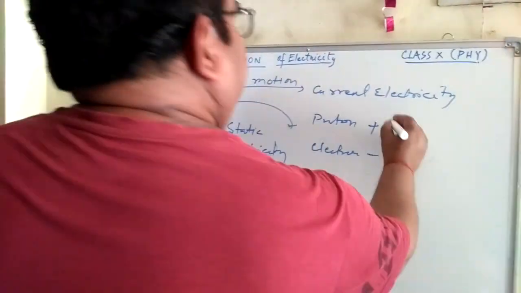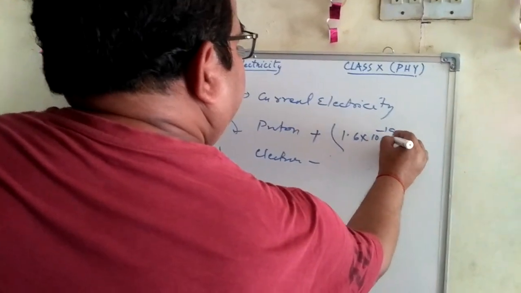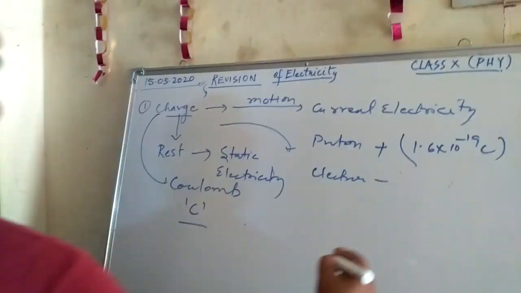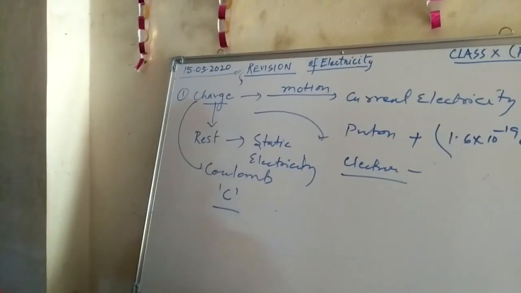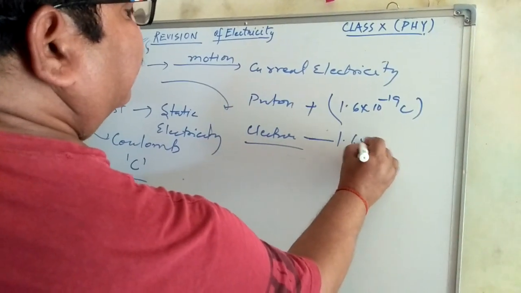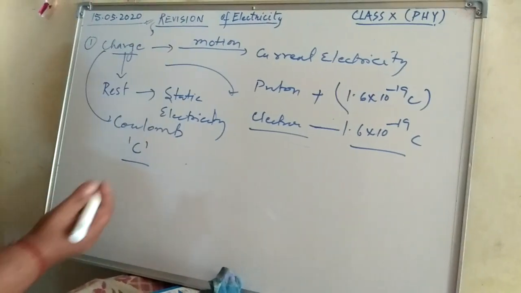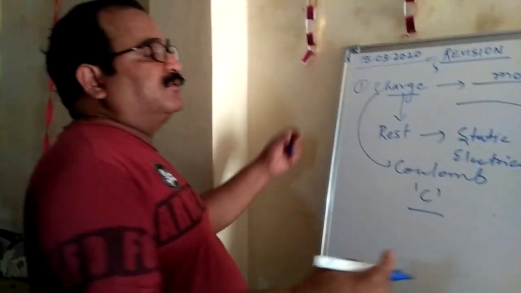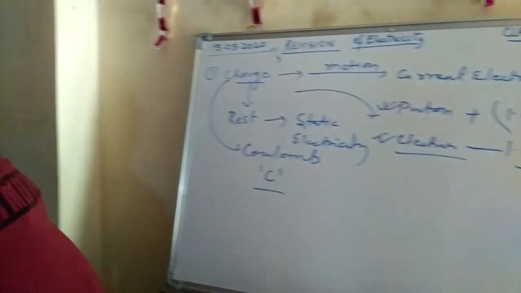The value of the proton charge is 1.6 into 10 to the power minus 19 coulomb, and the value of the electron charge is minus 1.6 into 10 to the power minus 19 coulomb. The proton is a positive charge and the electron is a negative charge.